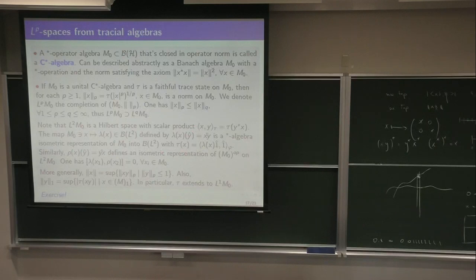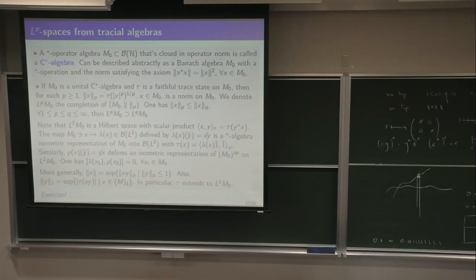Okay, and which gives us these inclusions, of course, like in the commutative case, function algebras. So we have, of course, L2 is the interesting thing, and actually also L1. Those are the only ones we will use. That's a Hilbert space, of course, with respect to the scalar product.